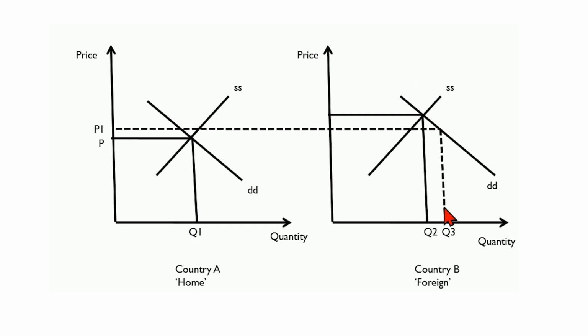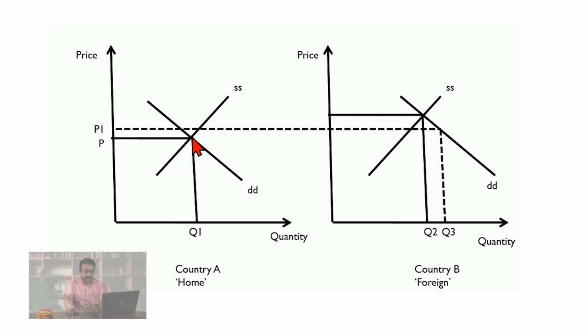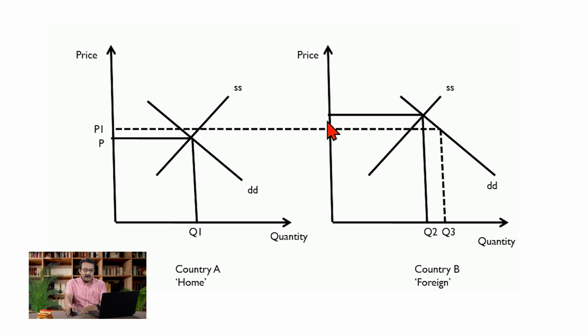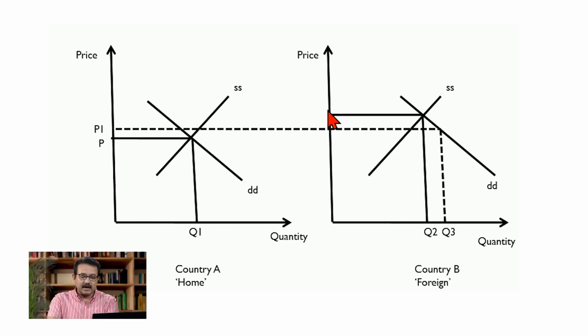There, demand and supply are equated at a point slightly higher than this point. This gives a situation where the price in the foreign country is higher than the price in the home country. The price here is higher than this OP price in the home country.